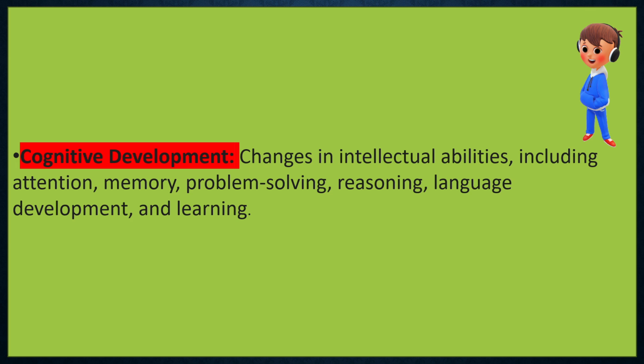So how the child is able to attend, how attentive the child is in the class. Then he or she develops memory skills. They are able to recollect the things which they have learned yesterday and remember it today, right? And even for tomorrow, they learn the skills of problem solving, reasoning skills, and they develop the language, right?